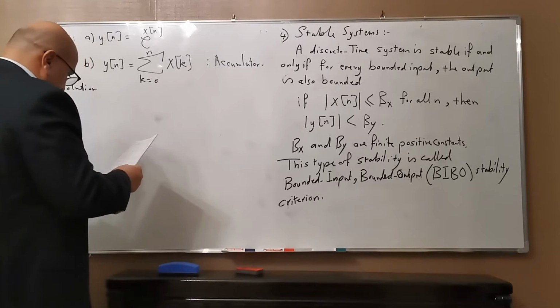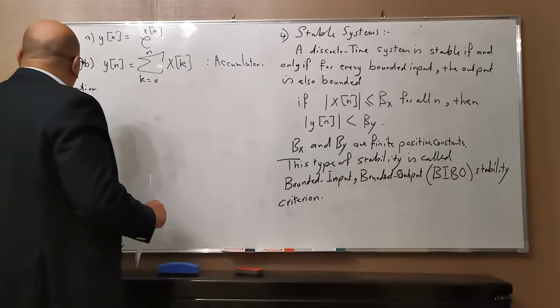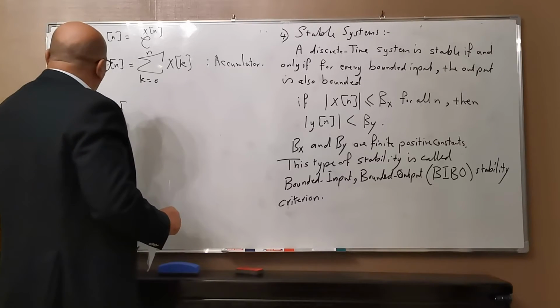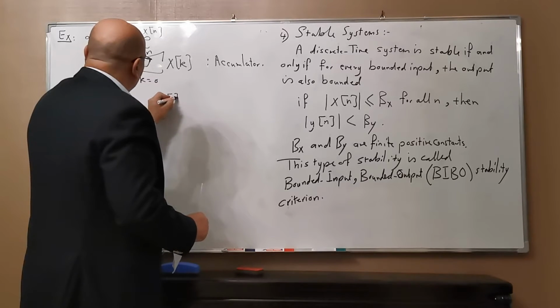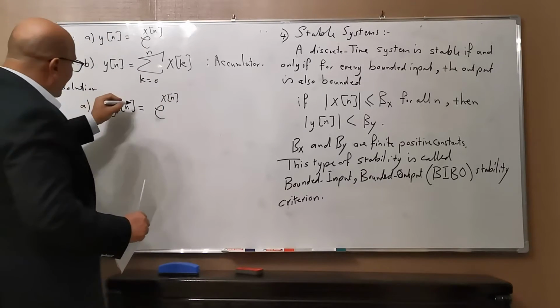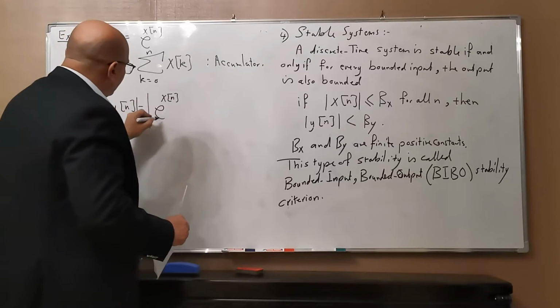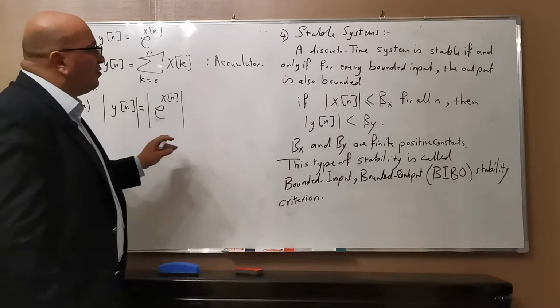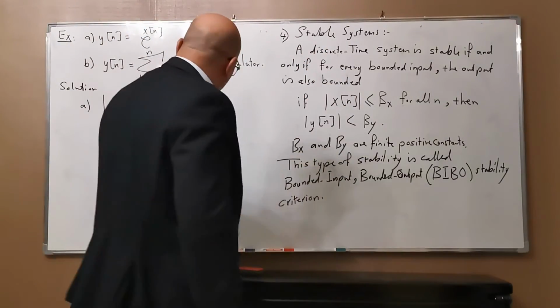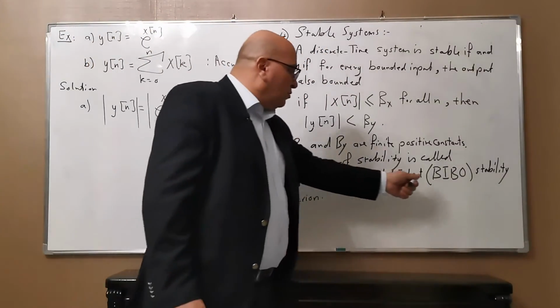Solution. We'll start with A. So we have y of n equals e to the x of n. To start with, I'm going to take the absolute value of both sides. This is how we tackle the problem of checking BIBO stability of systems.